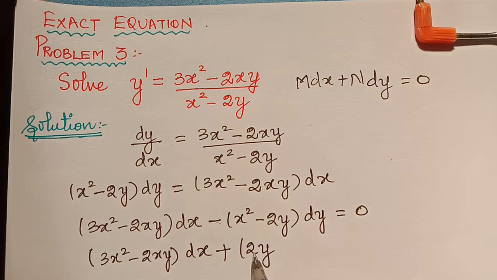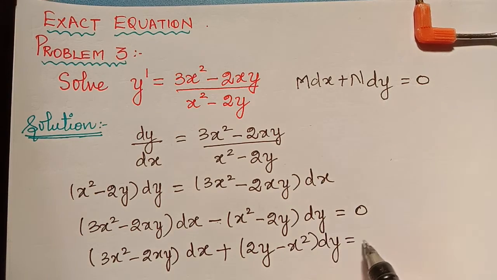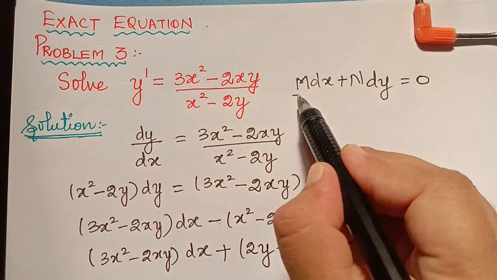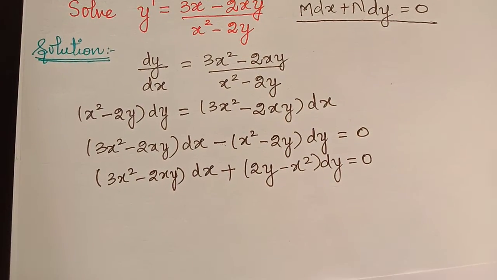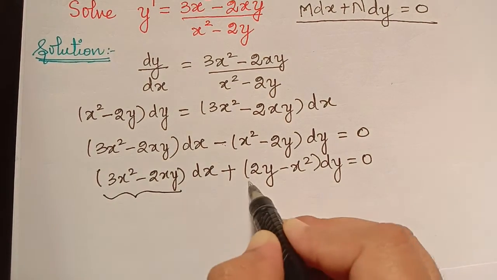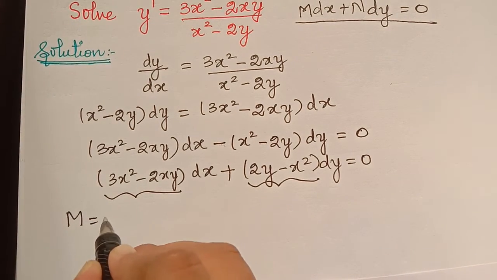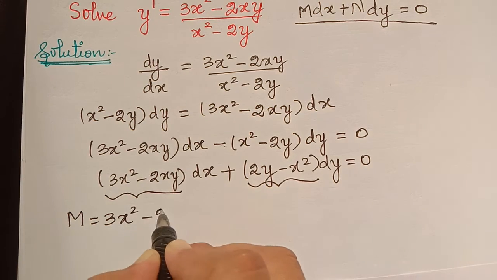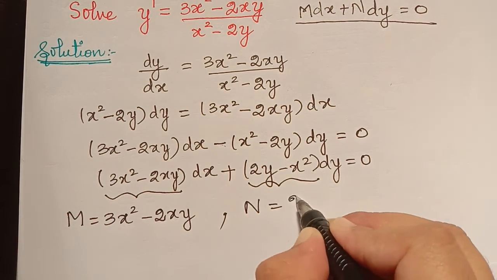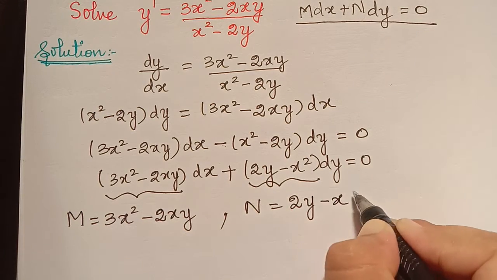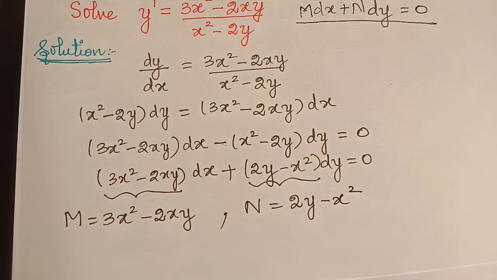So I am rewriting it as 2y minus x squared dy, so that I will be exactly having this in the form M dx plus N dy equal to 0, where the value of M is this and the value of N is this. So M is equals to 3x squared minus 2xy, and the value of N is equals to 2y minus x squared.